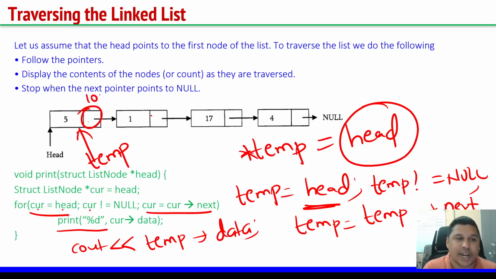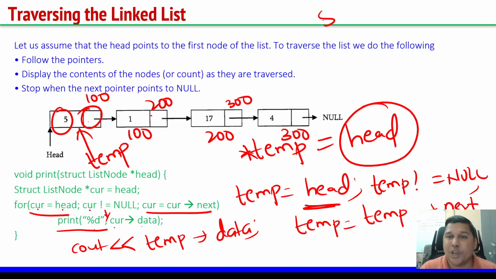Maybe its address is 100, that is stored here. Its address is 200, this is stored here. This address is 300, it is stored in this box like this. Okay. So is it null? No, it is not null. Then come inside the for loop. Printf temp of data. What is temp of data? 5. It will give me 5.